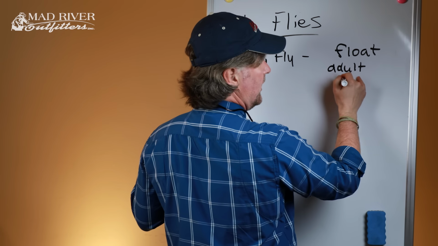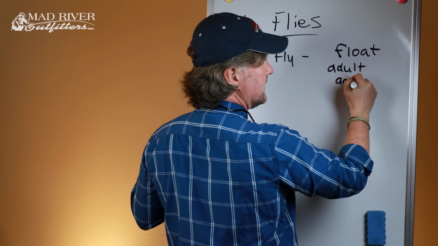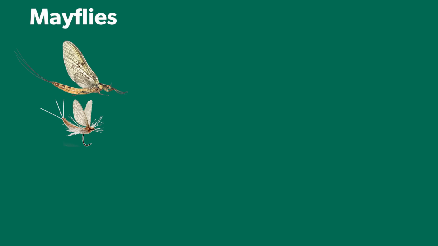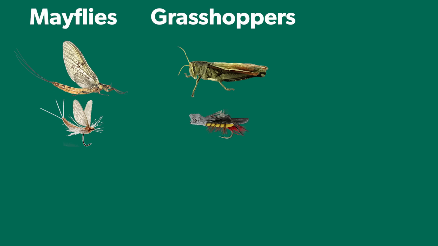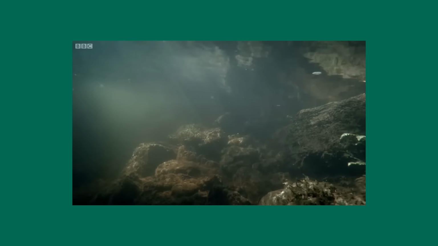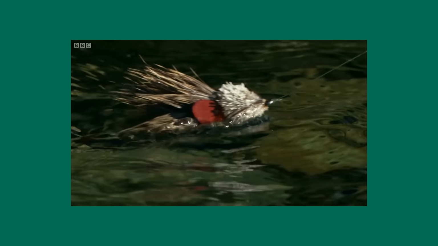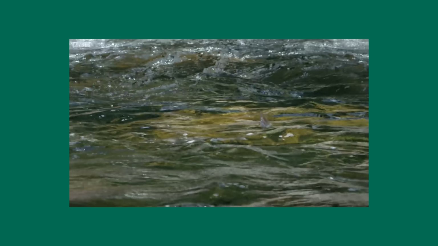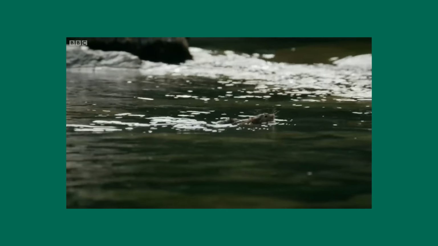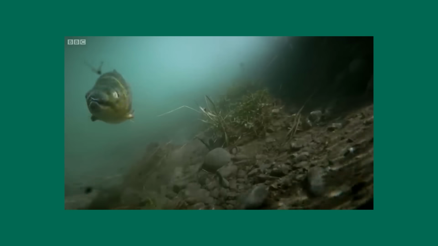So it's the adult form of the aquatic insect, but it could also be terrestrial insects like grasshoppers, ants, beetles, crickets, even mice can fall into that category. If a mouse were to drop into the river, he's going to be on the surface of the water, and that can theoretically be termed as a dry fly.